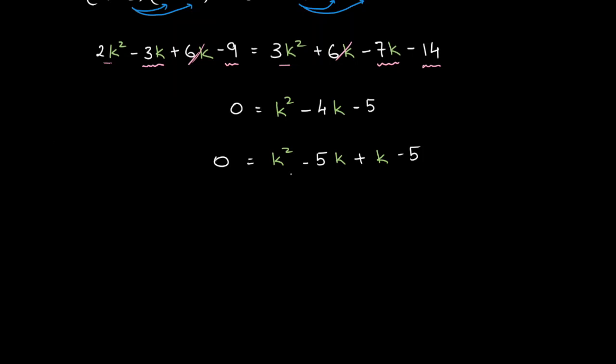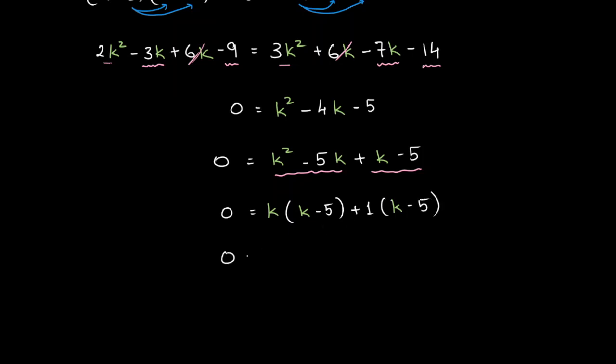Now, between the first two terms, you can see we have k common, so 0 is equal to k, which is common, and in the bracket I'll be left with k minus 5, and between k and minus 5, there's just plus 1 common, so plus 1 into (k minus 5), right?